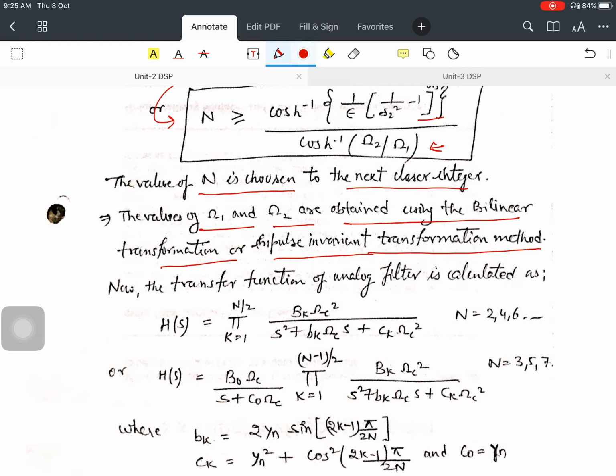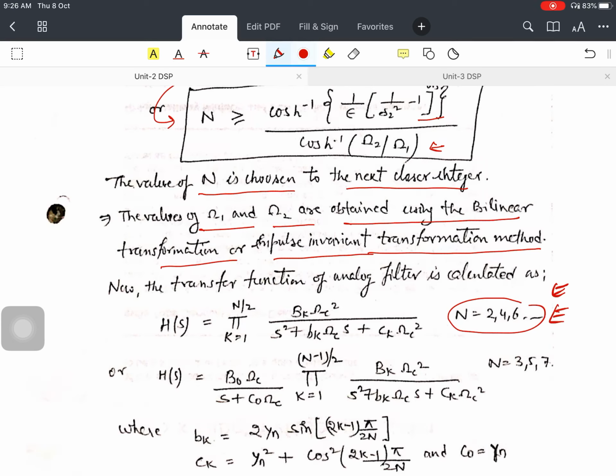Now the generalized transfer function for the analog filter is calculated as H(s) equal to the product for k = 1 to n/2 of dk Ωc² upon s² + bk Ωc s + ck Ωc², when n is even, which means if we have n equal to 2, 4, 6, then you have to write this H(s).